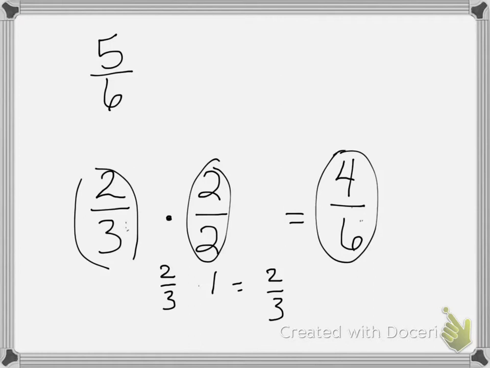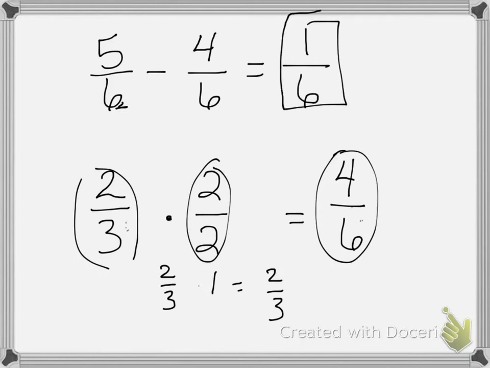But I don't want it in a reduced format because this one has a 6 on the bottom, and I want to be able to subtract it. So that's why we changed it to 4 over 6. So 5 minus 4 we know is 1. The denominator stays the same. So 5/6 minus 4/6 was 1/6.